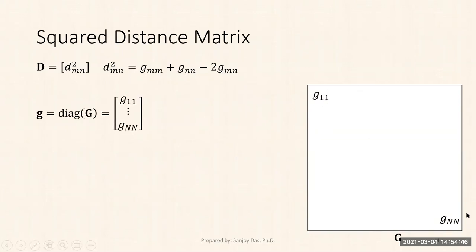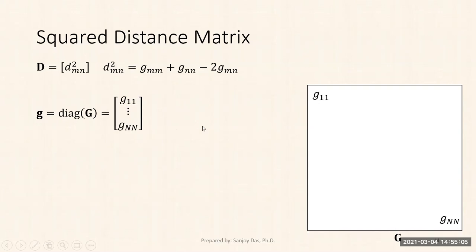Now let's take the diagonal elements of the Gram matrix, g_11, g_22 until g_NN, and form this vector, lowercase g.